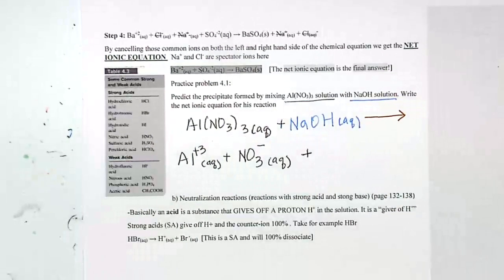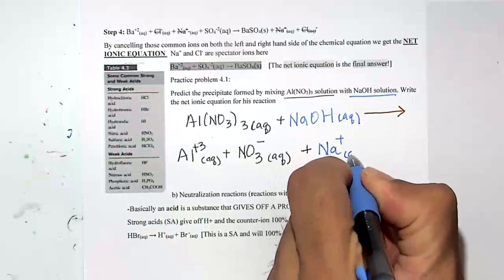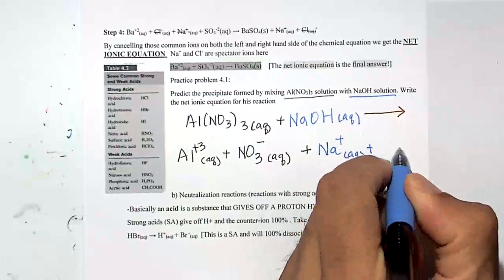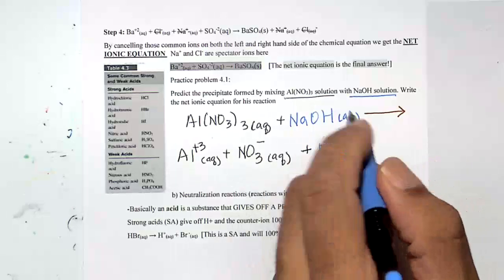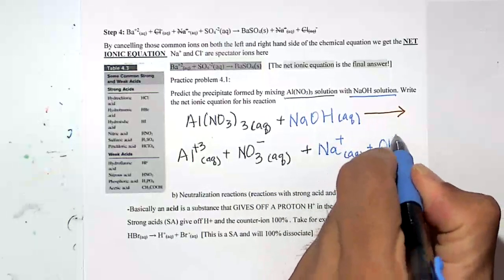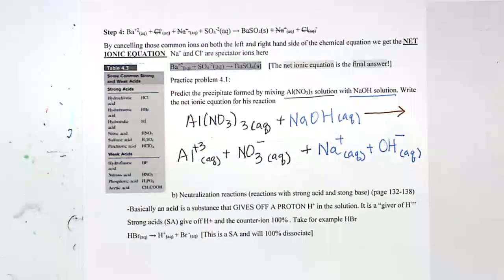What will sodium hydroxide in water dissolve into? Sodium ion, and what's the other ion? What's OH minus called? OH minus is called hydroxide.